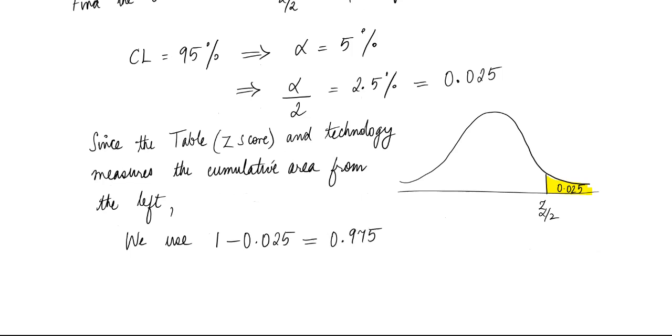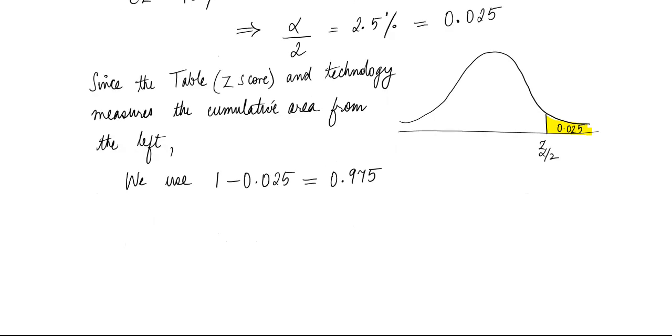Now use 0.975 to find the corresponding z value. So I'll say 0.975 corresponds to z equals 1.96.